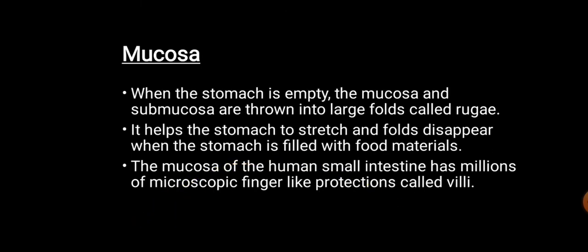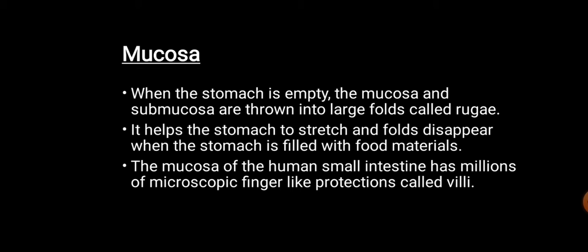When the stomach is empty, the mucosa and the submucosa are thrown into large folds called rugae. So the appearance and function of the mucosa differ according to the location where it is present. In the stomach, the mucosa shows itself in the form of rugae.